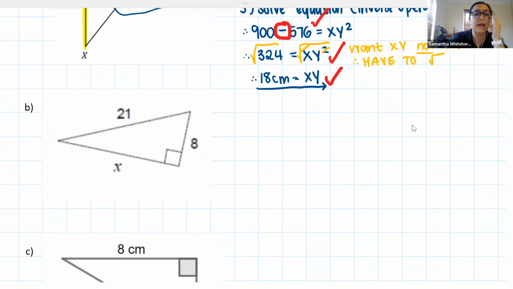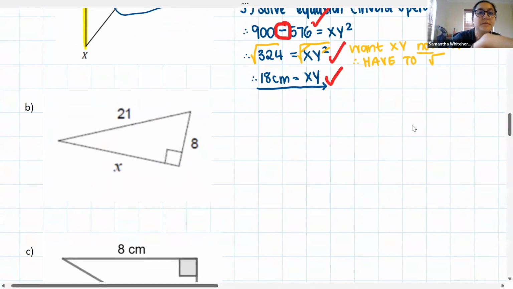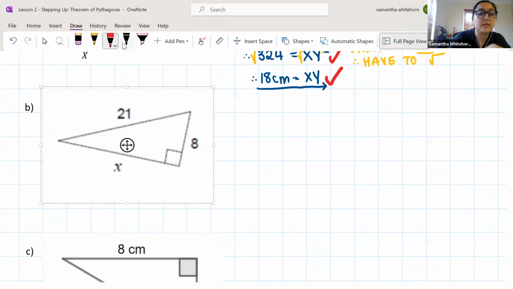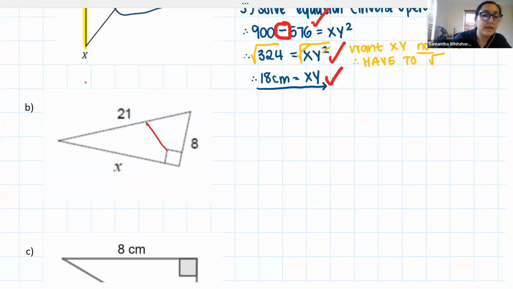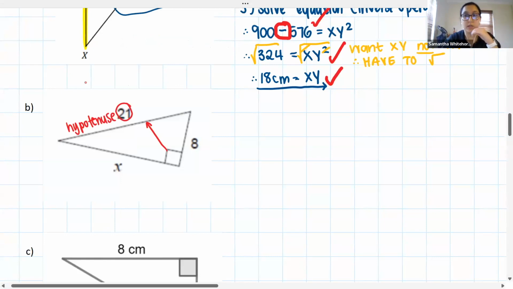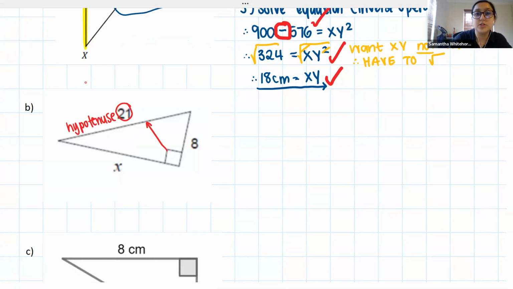We go to our right angle, which is down bottom right, and we go to the side directly opposite, and that's our hypotenuse. Really importantly here, I am giving you the hypotenuse. The hypotenuse is 21 units. So if I give you the hypotenuse, we subtract.